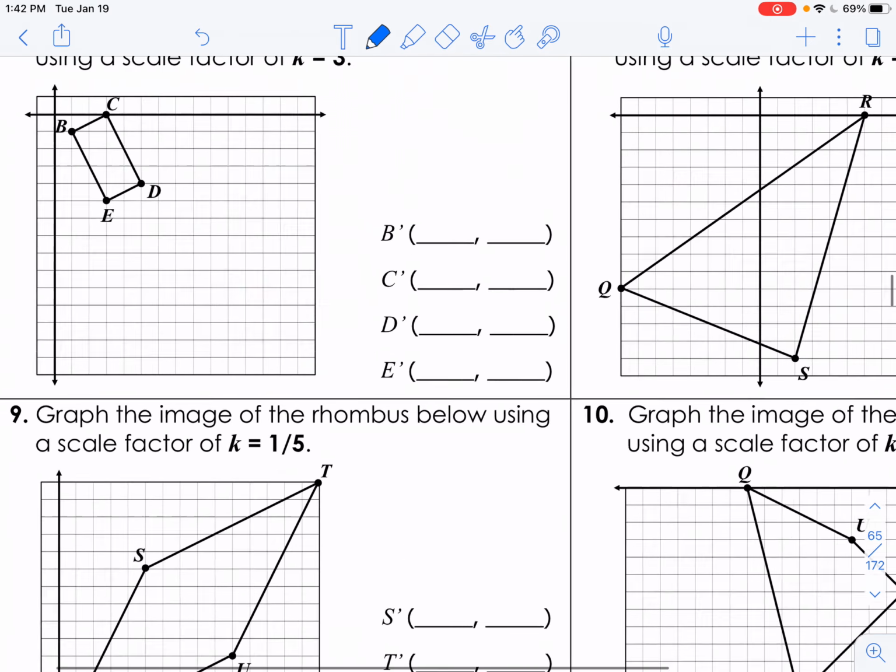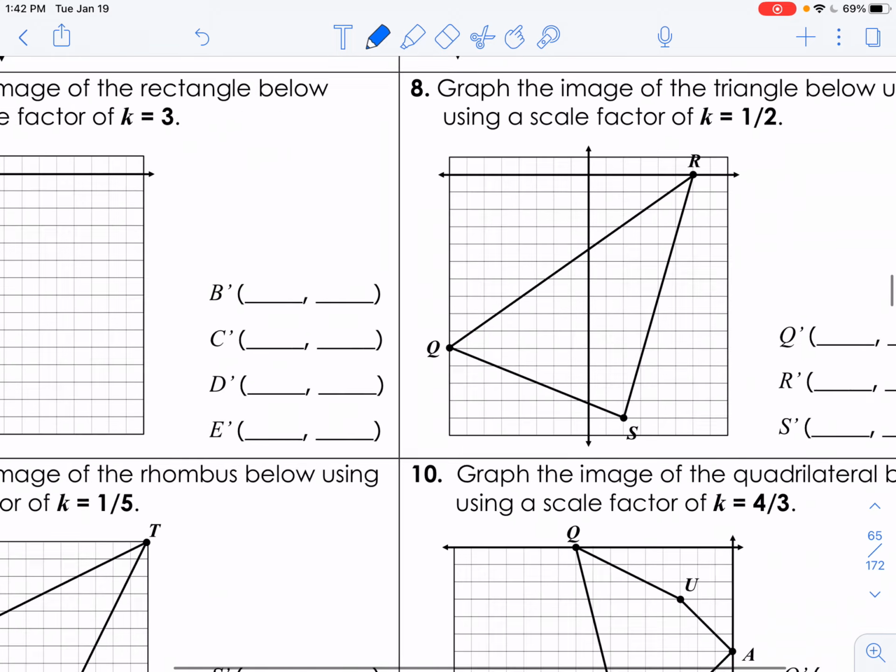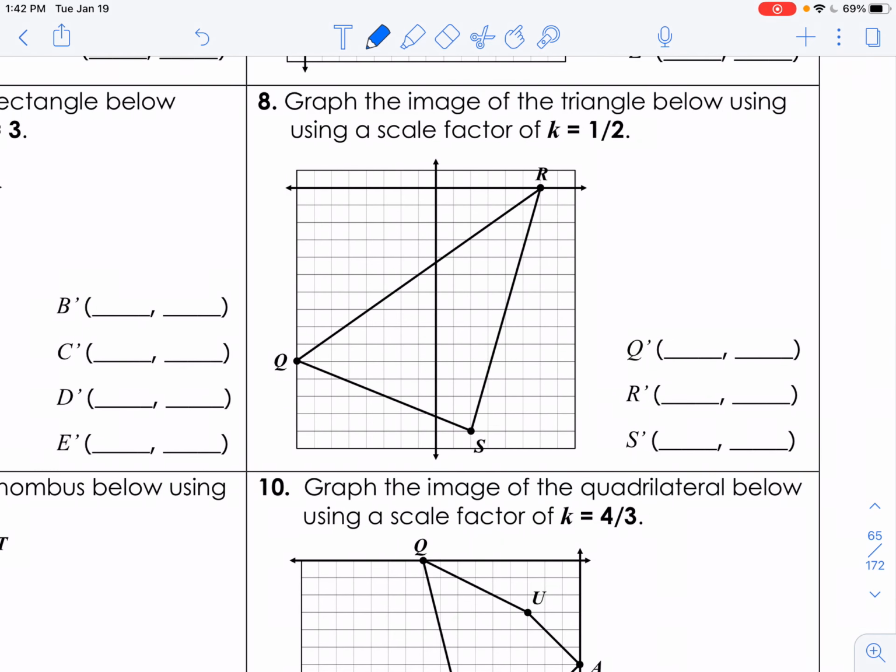Basically, with these ones where they don't give you the ordered pairs, you just have to write out your ordered pairs first. So if you did number 8, what I would recommend doing, and I'm not going to do it here with you, is just write the original ordered pairs up here so that you can dilate them yourself. For example, Q would be what? -1, 2, 3, 4, 5, 6, 7, -8.